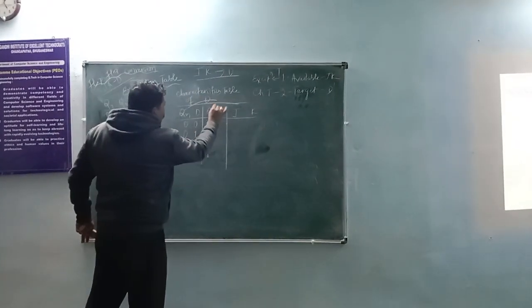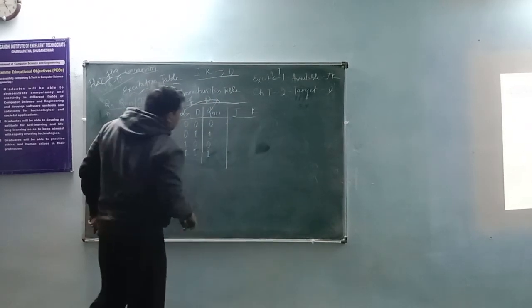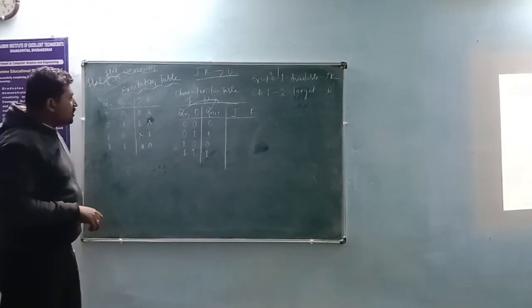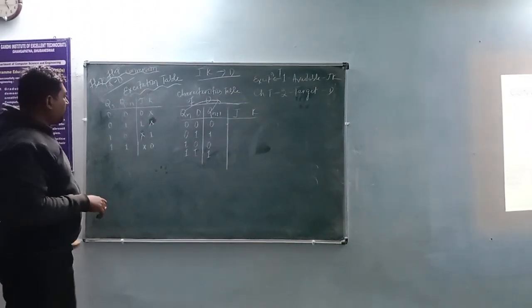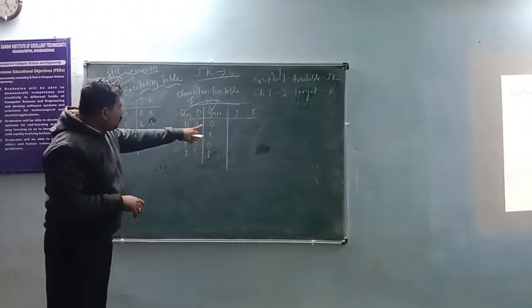So when Qn and Qn+1, these two things are responsible to find out the value of J and K when you are converting JK to D flip-flop.